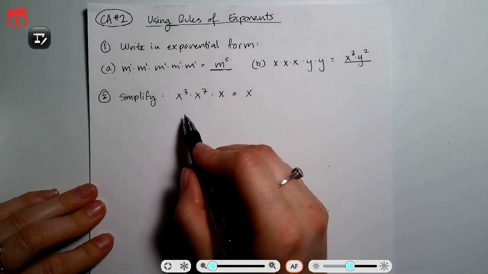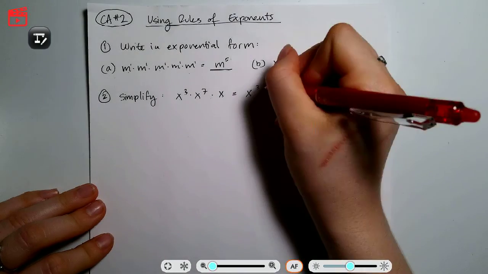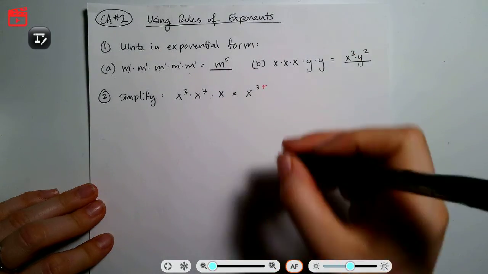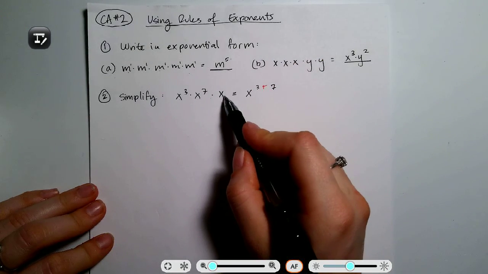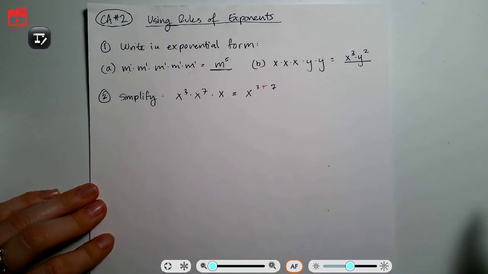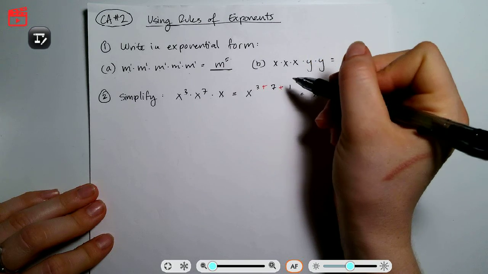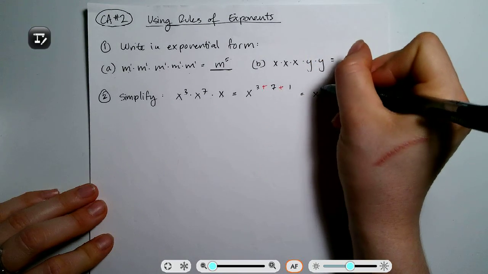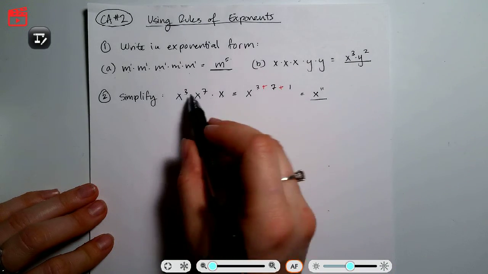So what are the exponents I have? I have a 3. So I'm going to add that to a 7. And then, what's the exponent on x? Remember, that's the 1. So plus 1. That's going to equal x to the, so 7 and 3 is 10, and 1 is going to be x to the 11th power. That is the simplified form of this.